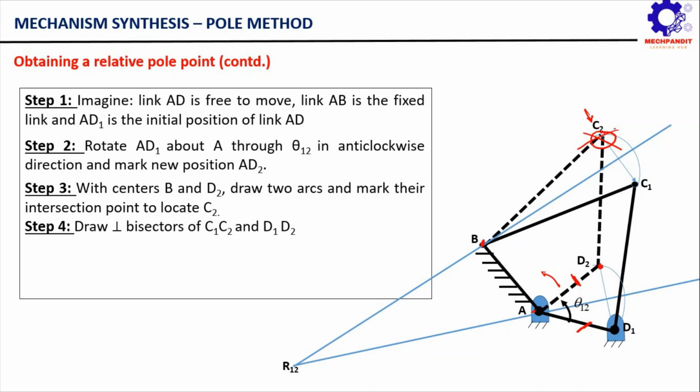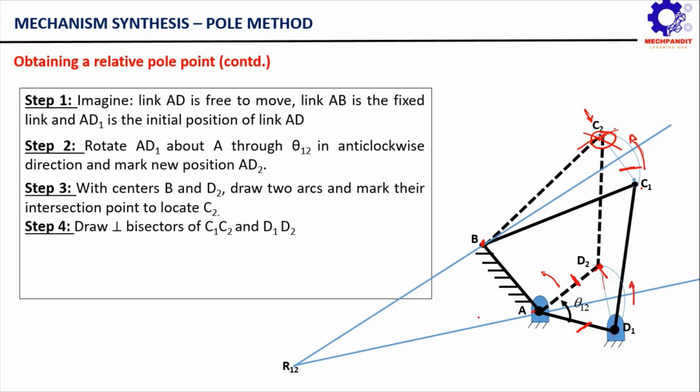Now here you can see we are going to draw the perpendicular bisectors of line C1C2, that means this line which you can see here, and then another line D1D2, right? You can see that this point D is moving in a circular arc. Similarly, point C is also moving in a circular arc, right?